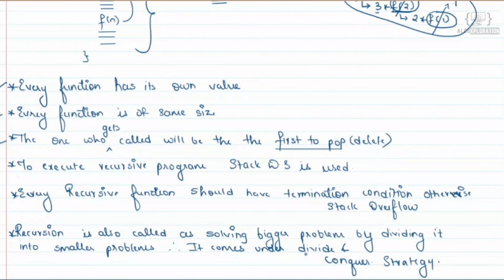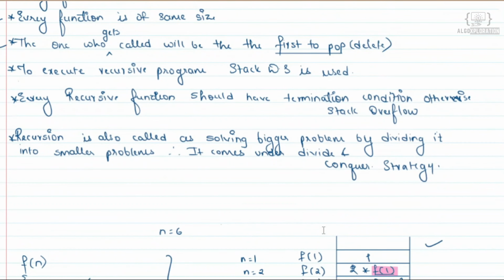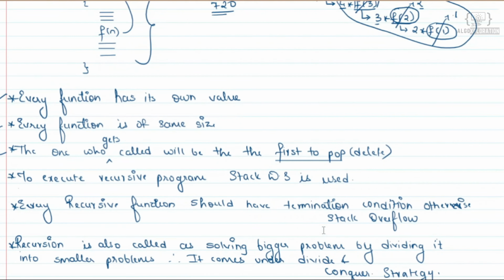Since we are using a stack here and a stack has the property of last in first out, the function that gets called last will be the first to pop. We know that this recursive program uses a stack data structure.